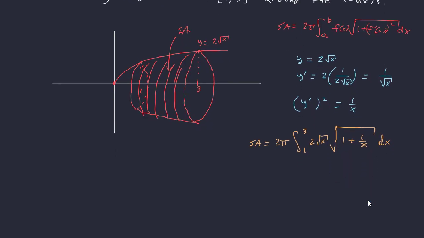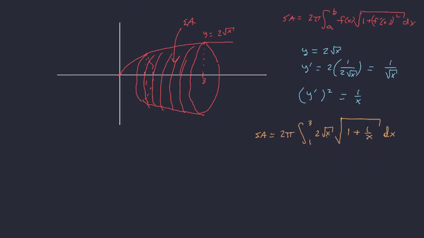What I'm going to do here is bring these two square roots together. Okay, so we'll get 2 pi times the integral from 1 to 3. Actually, I'll go ahead and move that 2 out, so I have 4 pi. All right, and we'll have the square root of, now I'll bring that x on the inside, so we have this.